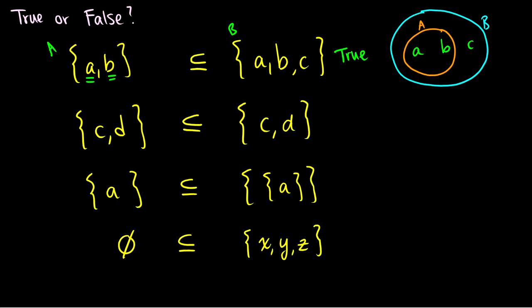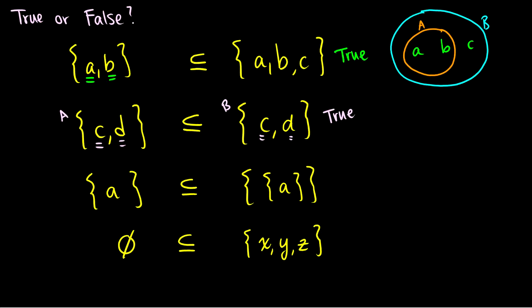So what about CD? Is CD a subset of CD? And the answer is yes, that is true. And that's because every element in our set A here is a member of the set B. So C is in A, therefore C is in B. D is in A, therefore D is in B.